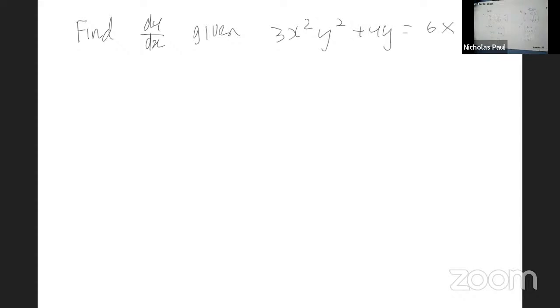Try that, please: 3x squared y squared plus 4y is equal to 6x.